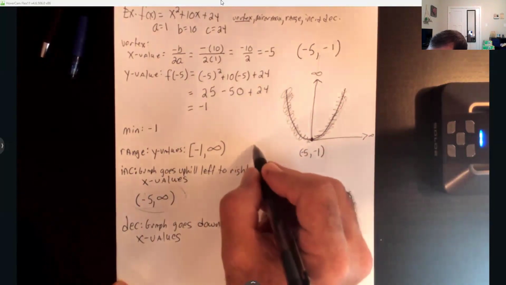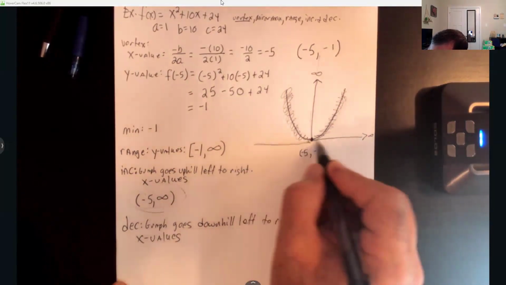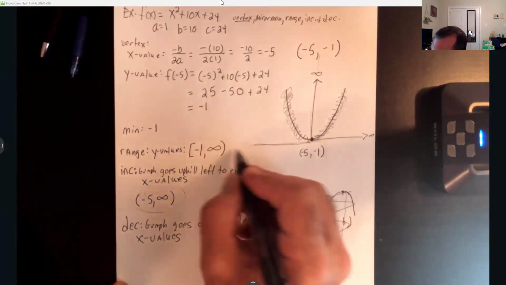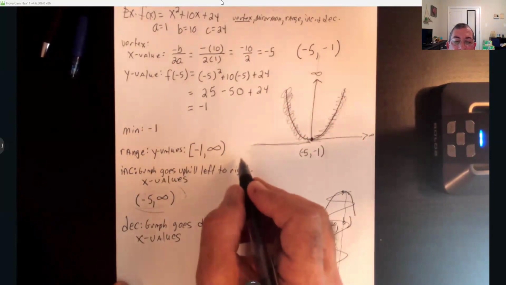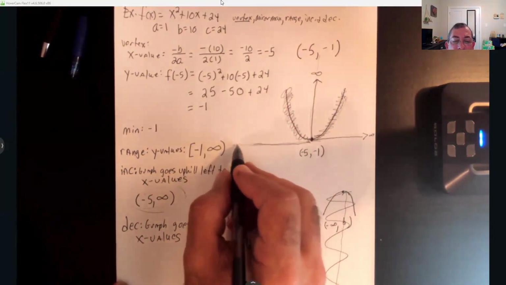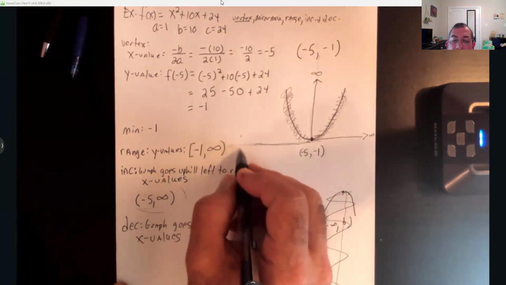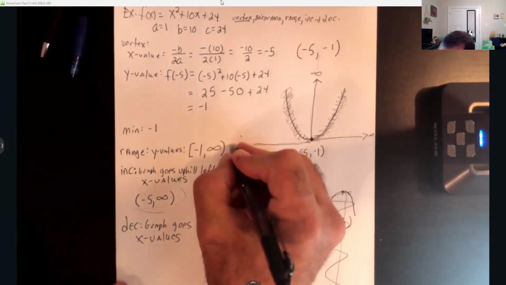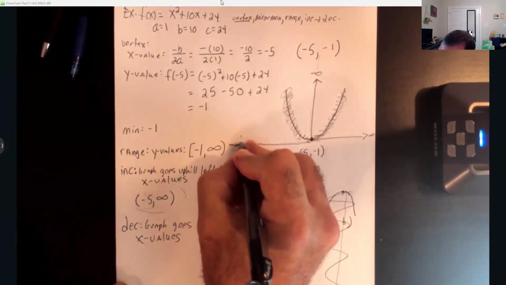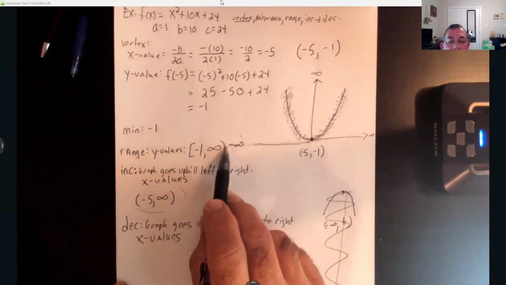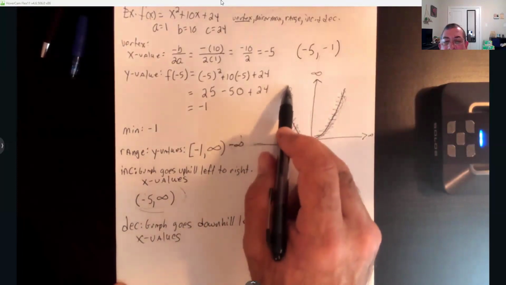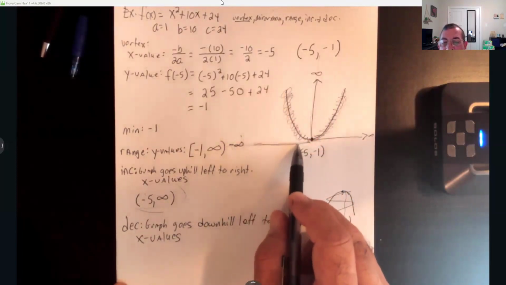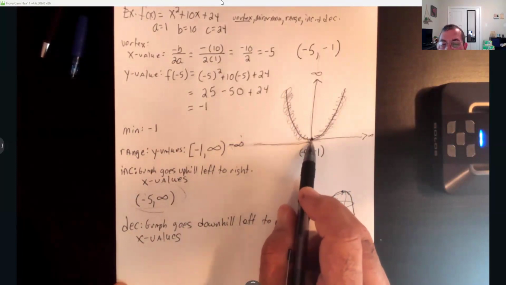So I'm looking at my x's here. So the x's are coming in from the left side. But remember, this goes on forever. So these x's are coming in from the left side, way out here. So when that happens, we say they're coming in from -infinity. So I'm coming in from -infinity, going down my x's. My graph is going downhill until I get to this x value right here.